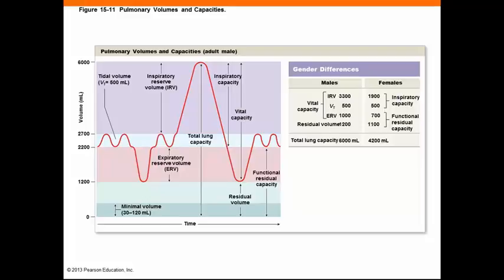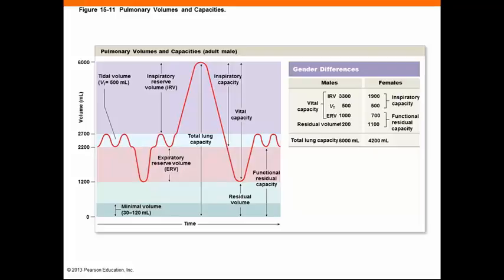Now, dipping downward, expiratory reserve volume, which is the pink strip in this graph, is the amount of air voluntarily pushed out forcefully at the end of a tidal volume exhale. So if you breathe in and exhale normal, breathe in and exhale normal, and then squeeze your lungs, the rest of the air that comes out is your expiratory reserve volume.